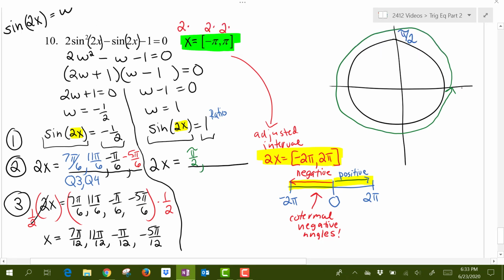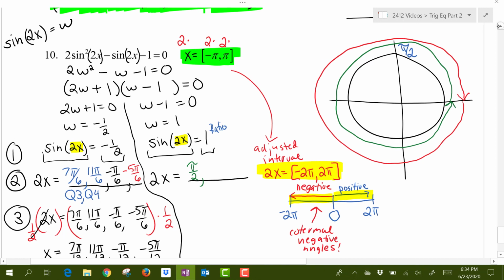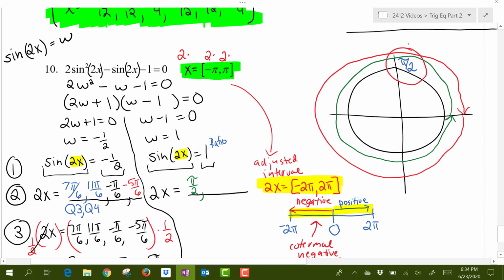So I have to go all the way around the circle, starting at 0 and going in the negative direction, and also pick up all possible solutions along the way. So we actually pick up pi over 2 again, but since we're going in the negative direction, it's a negative coterminal angle to pi over 2. So we're going to subtract 2 pi to find that negative coterminal angle.